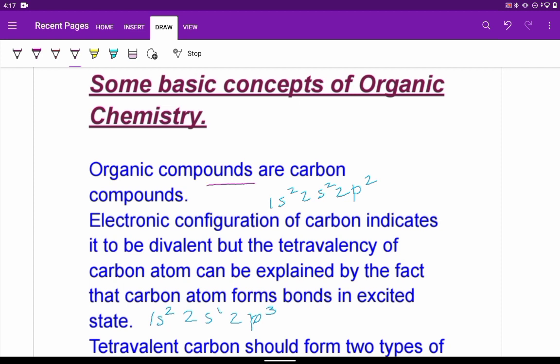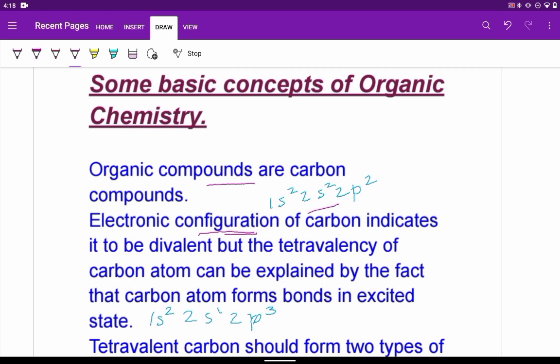Now, if we see the ground state electronic configuration of carbon, it is 1s2, 2s2, 2p2. So from this configuration, we can clearly find that carbon should be divalent, because in p you see it is 1s2, 2s2, 2p2.